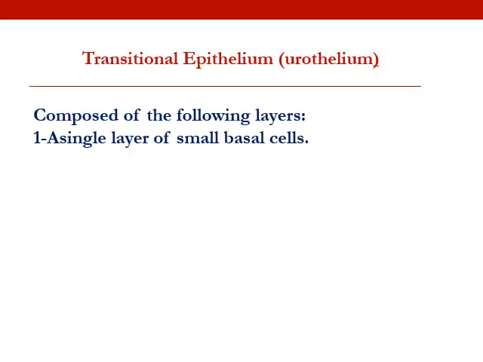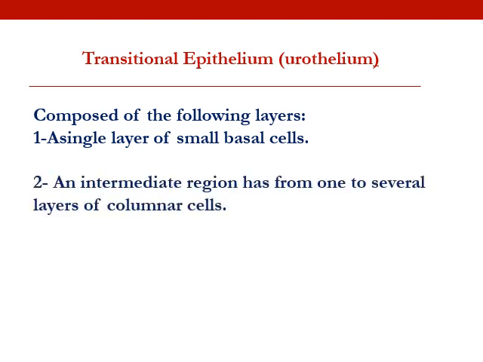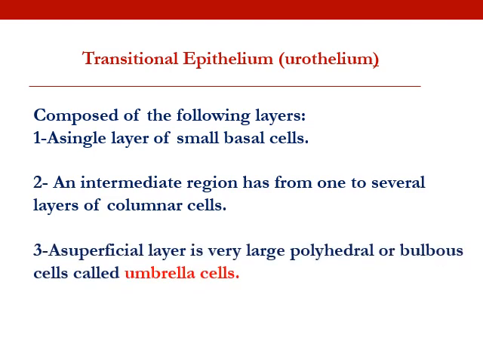There is another type of epithelial tissue called the transitional epithelium or urothelium. This type of tissue is composed of the following layers: a single layer of small basal cells resting on a very thin basement membrane, an intermediate region with 1 to several layers of columnar cells, and a superficial layer of very large polyhedral or bulbous cells called umbrella cells.